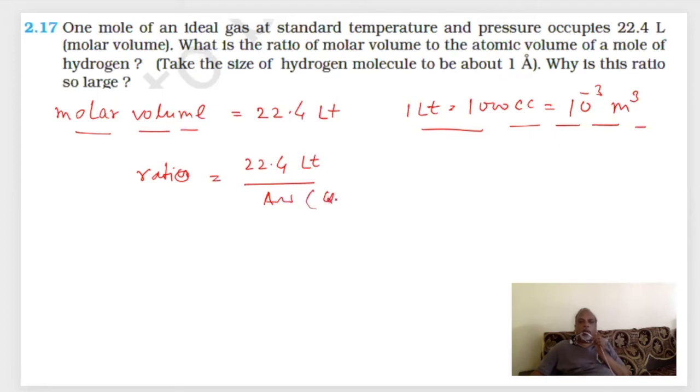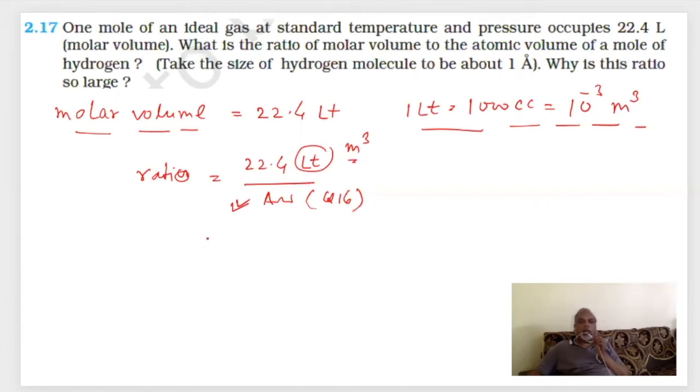Whatever question number 16's answer is coming, it will come here with correct units in meter cube, and we can find out this ratio.